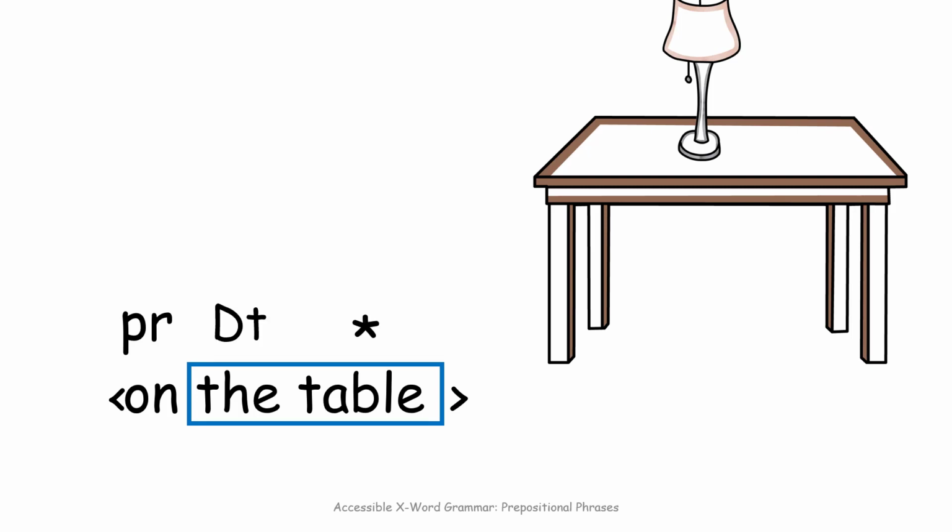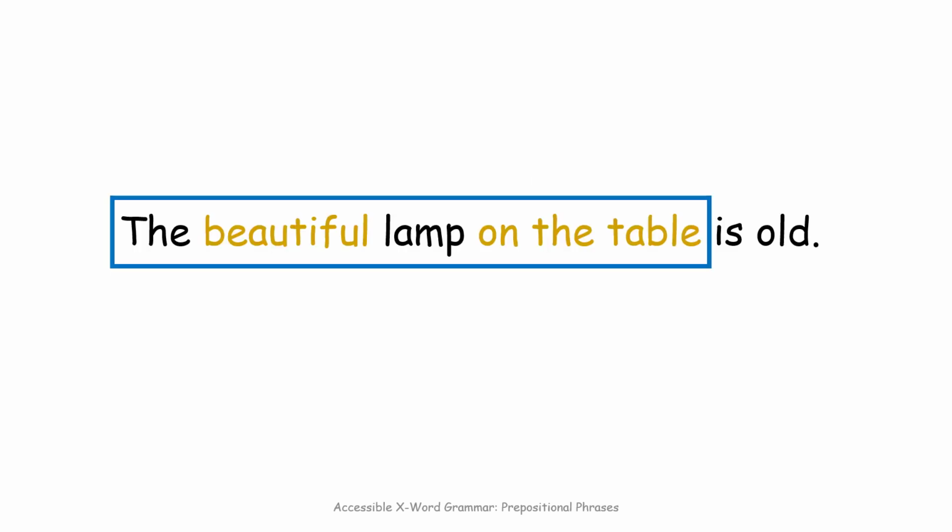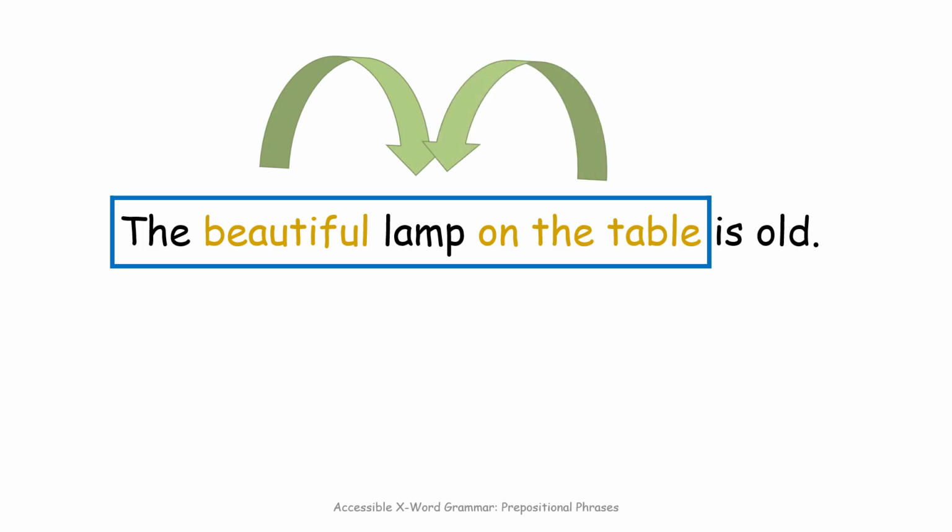Finally, mark the words in the noun box. The beautiful lamp on the table. Beautiful describes the lamp. On the table also describes the lamp. So the prepositional phrase acts like a describer but comes after the main word.